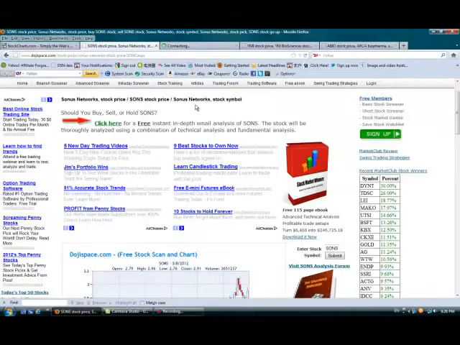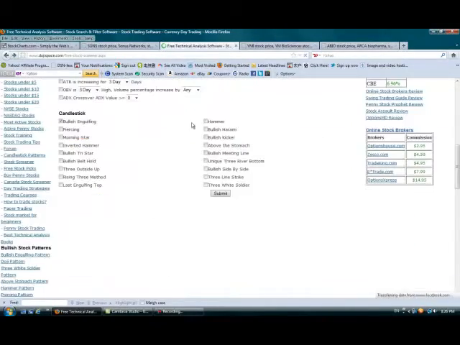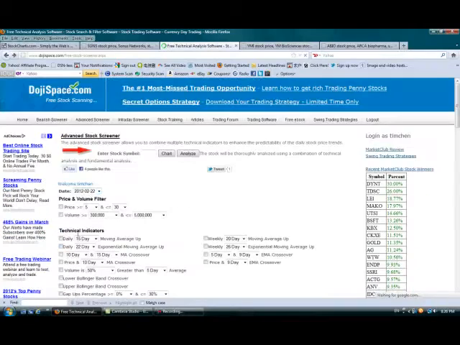But anyway, this is a tutorial about how you use the stock screener, not about stock trading in general. So let's get back here. Let's say you want to find stocks that are making a MACD crossover and a bullish engulfing pattern, and we will just select the latest date, which is today.